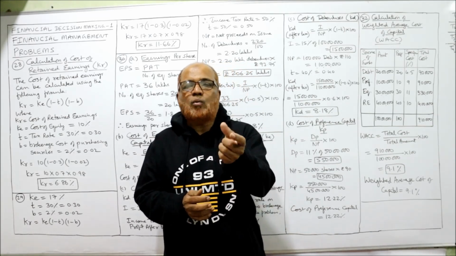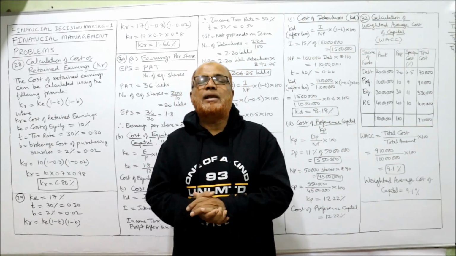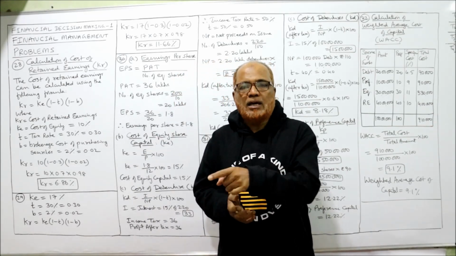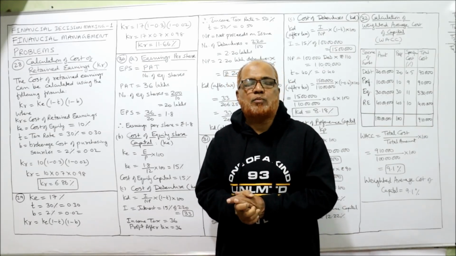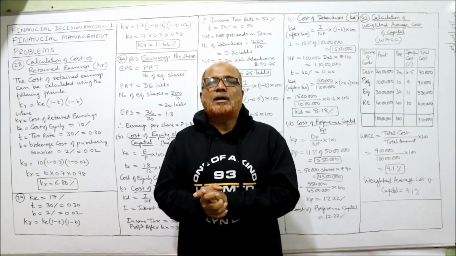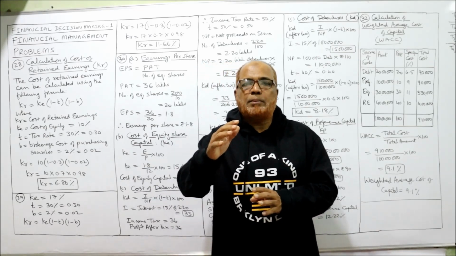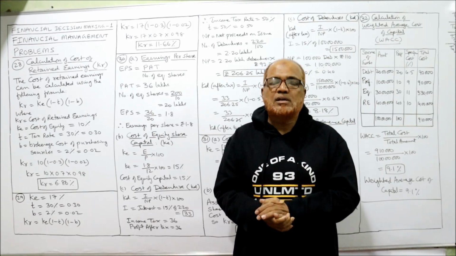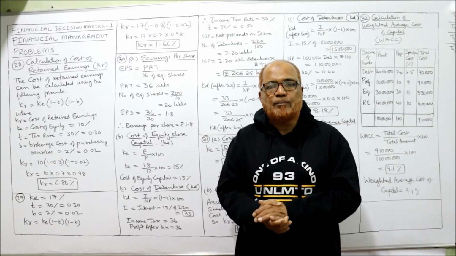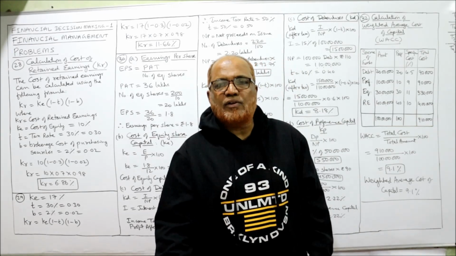So we have to consider what is the tax rate applicable to shareholders. In this problem, the tax rate applicable to shareholders is 30%, 0.3. Similarly, the brokerage required to be paid to purchase the new security for the shareholders is 2%, given in the problem. So how to calculate the cost of retained earning?